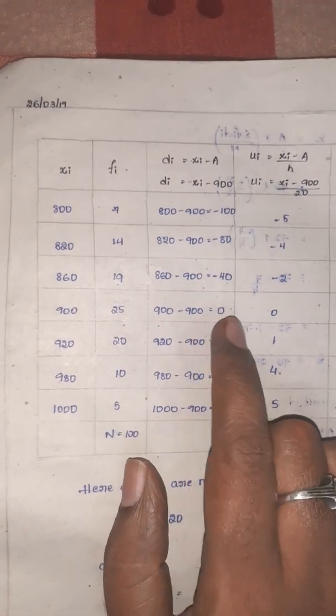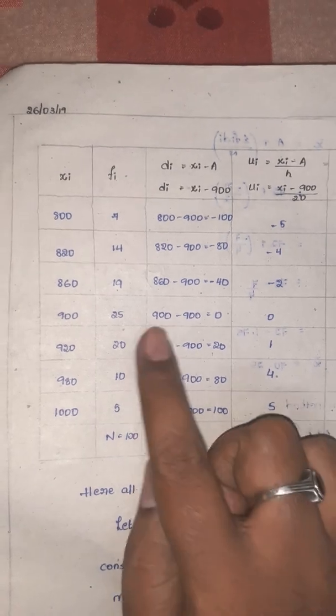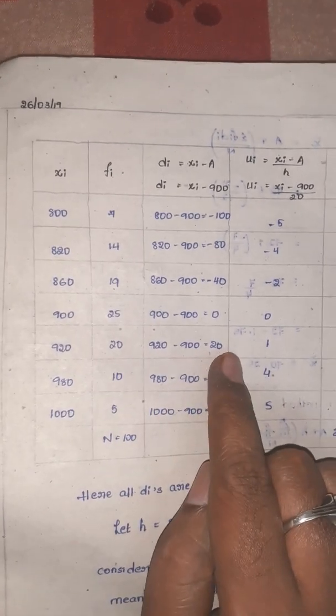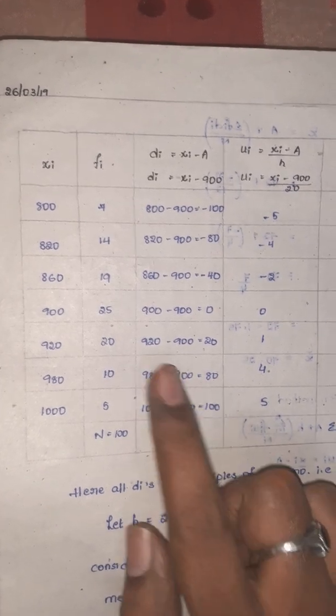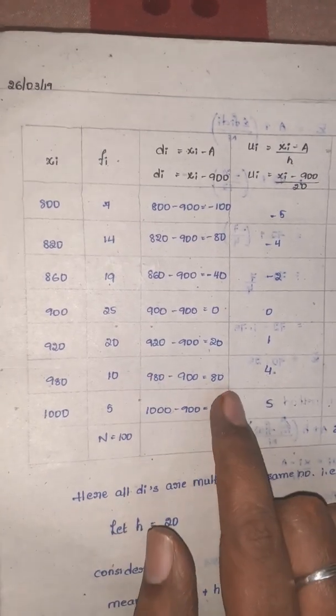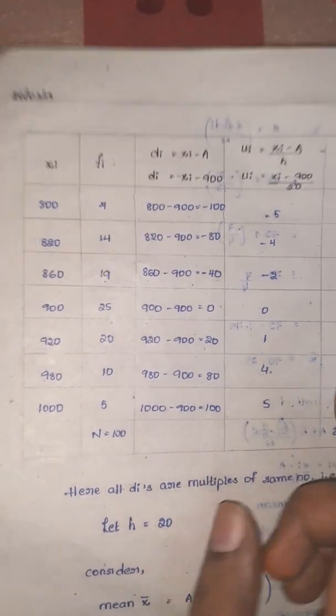Next 900 minus 900 is 0. Next 920 minus 900, big number having positive sign, so we get 20. Next 980 minus 900, same here, positive, 80. Next 1000 minus 900 is 100.